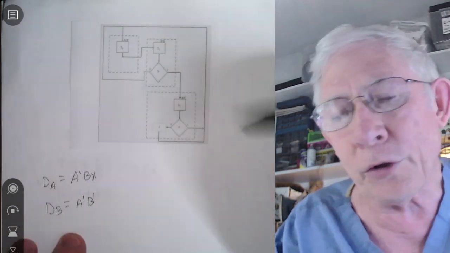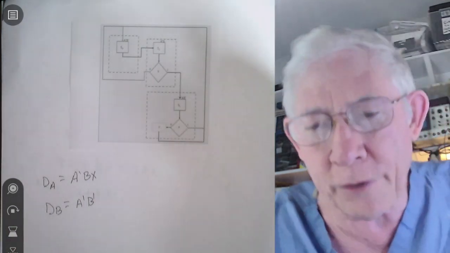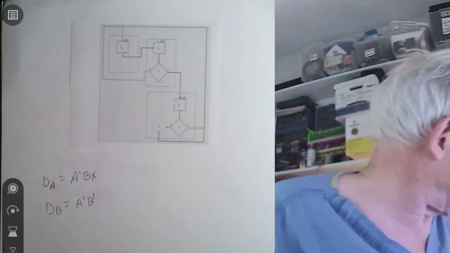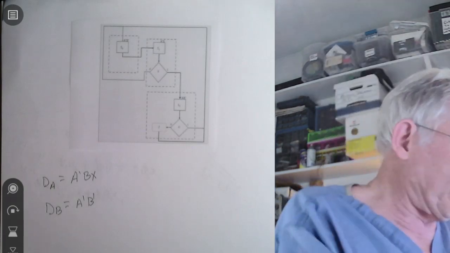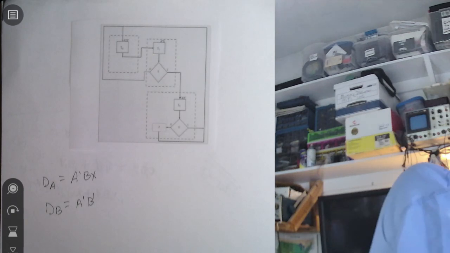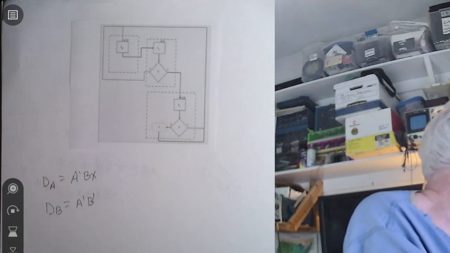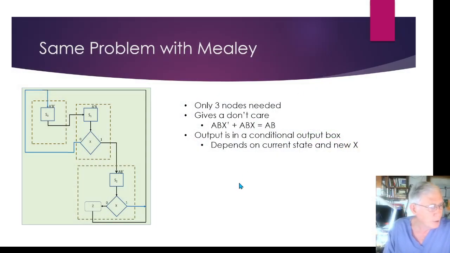Now, notice that we do have a small advantage in this case because we do have these don't cares. So let me switch back to here. So notice we can use AB prime X, ABX prime, ABX, or just AB by itself. All these are don't care options that we have to simplify our expression. And so let's do that.